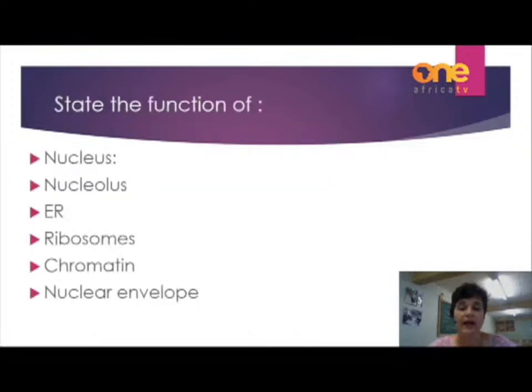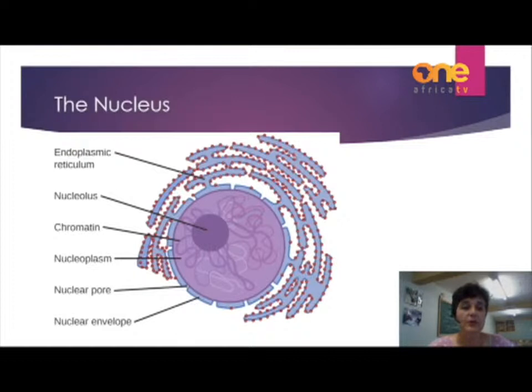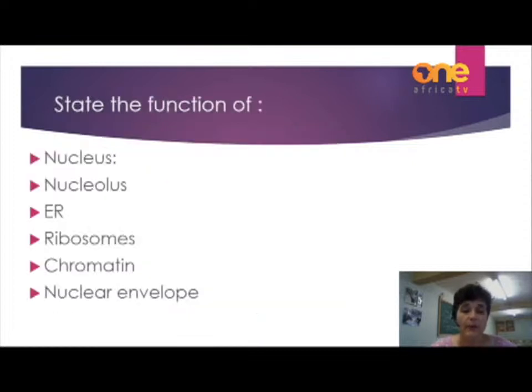So we have the endoplasmic reticulum, the nucleolus, chromatin, nucleoplasm, nuclear pore, and the nuclear envelope. I want you now to see. Remember, we need to know and do revision.